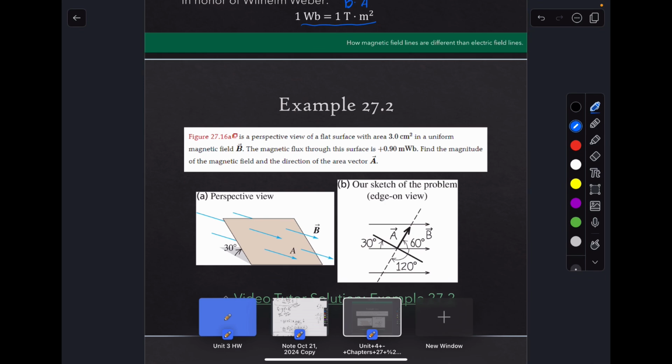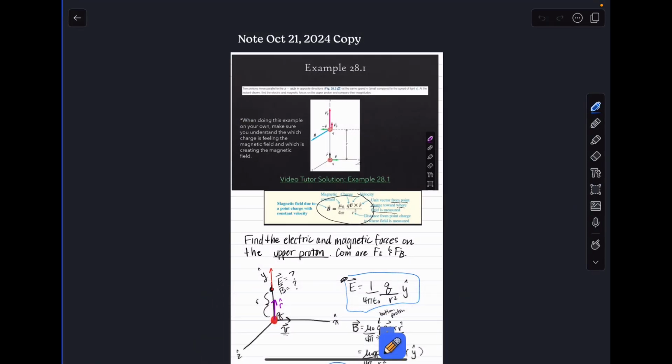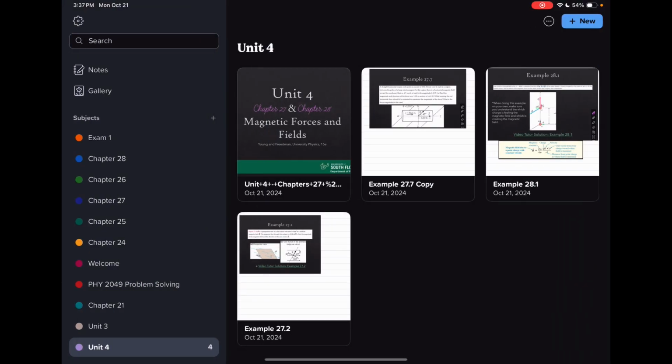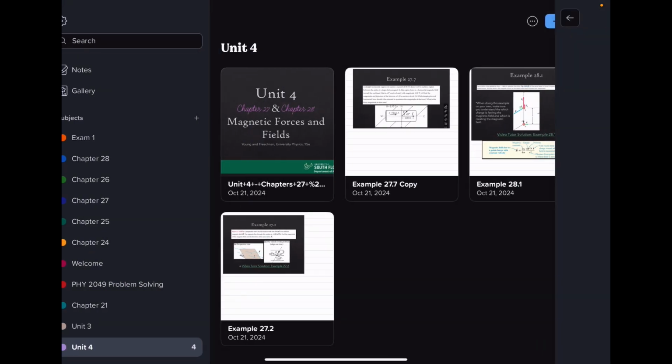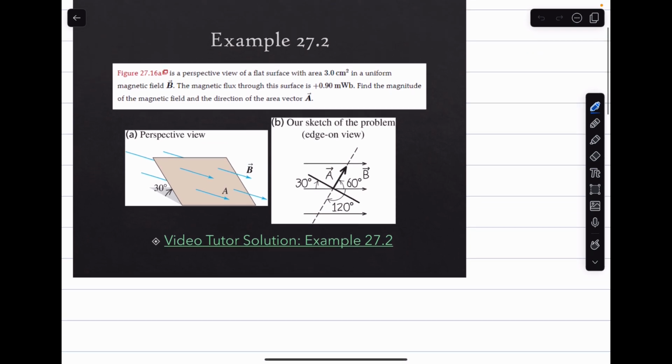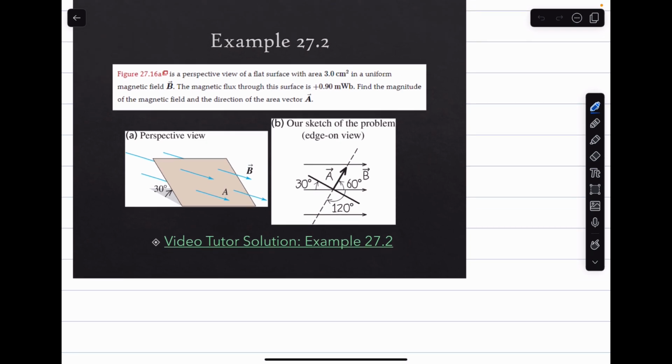So here we go. We have a B field. We don't know its value. We just know that it's uniform, which means it has a constant value everywhere in space.